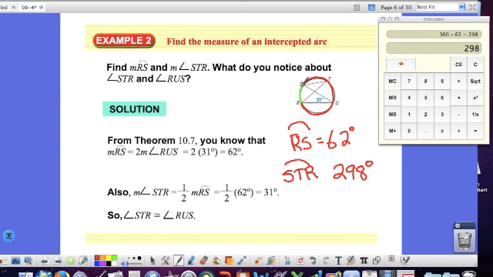Okay? Arc STR and arc SRUS are the same. Now they are asking though about the angle measures. So they want the angle, which is different than the arc.